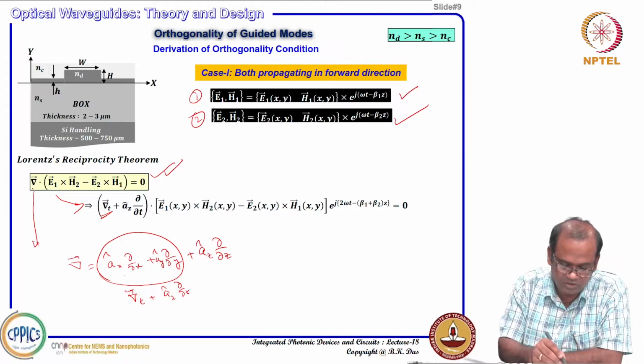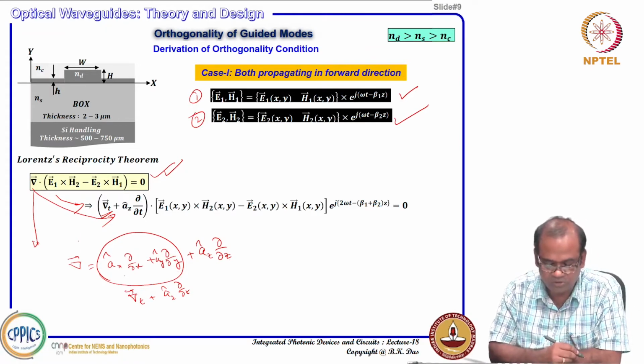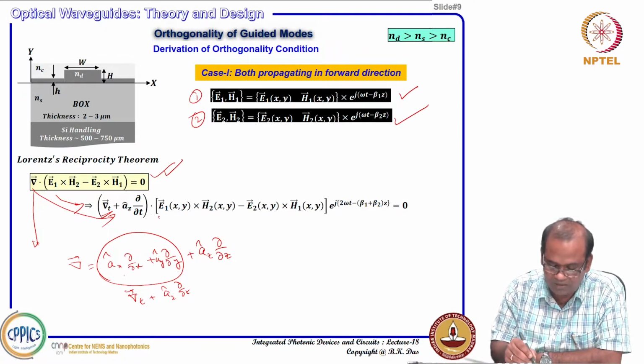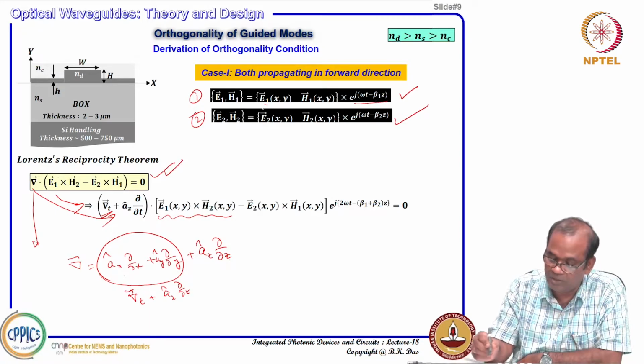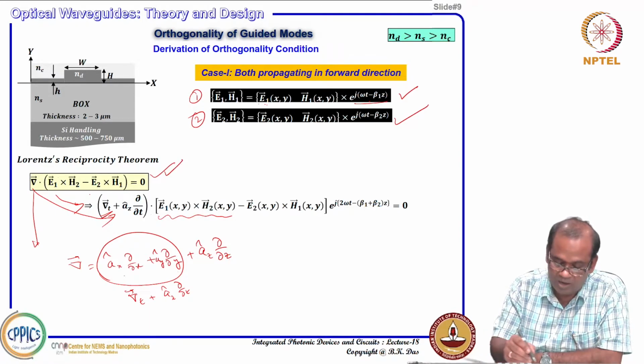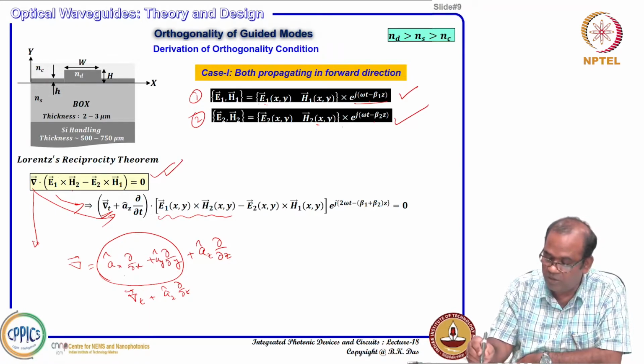So that is what this nabla is decomposed into, and then a dot product with this E1 H2. That means whatever value E1 has is multiplied by this one, right? E1 xy multiplied by this one, and then H2 multiplied by this one. So we are just putting E1 xy, H2 xy, and then this one. If I write E1, this is capital E, non-italic.